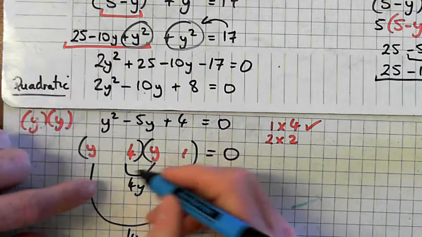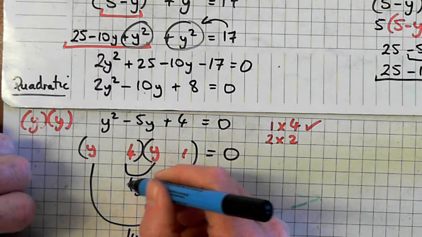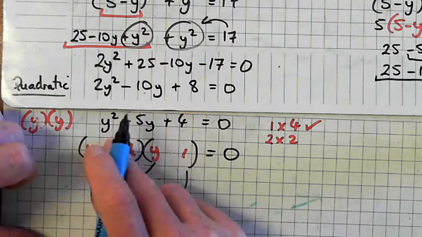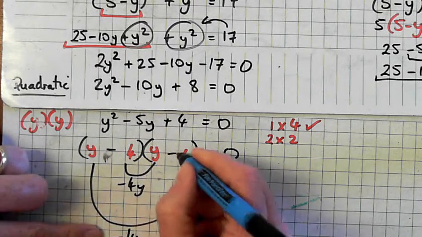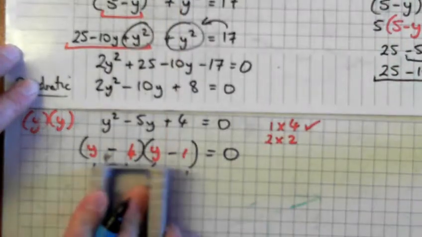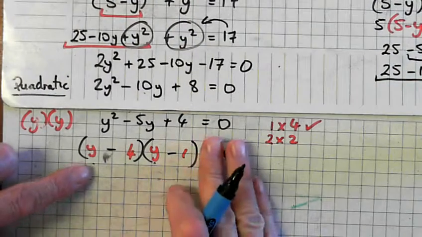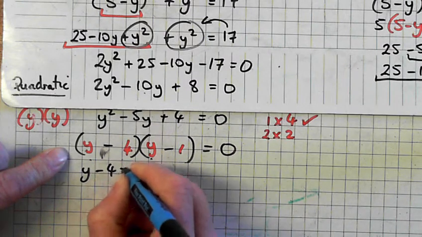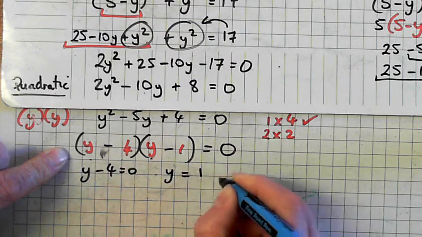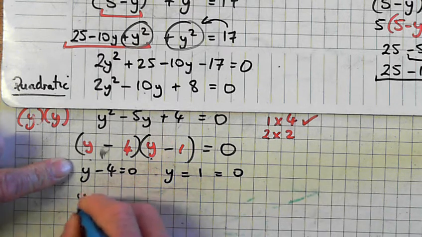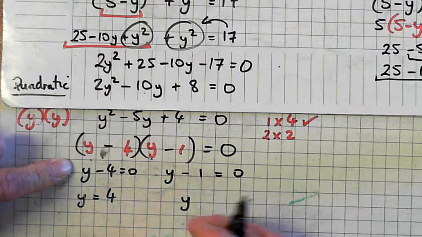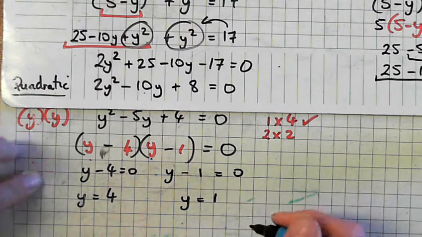How do we get minus 5y? Michael? 2 minuses. 2 minuses, very good. Top minus goes left. And the bottom sign goes right. Right, to finish it off, they're factors. To solve, you go y minus 4 is equal to 0. Y minus 1 is equal to 0. Y is equal to 4. Y is equal to 1.